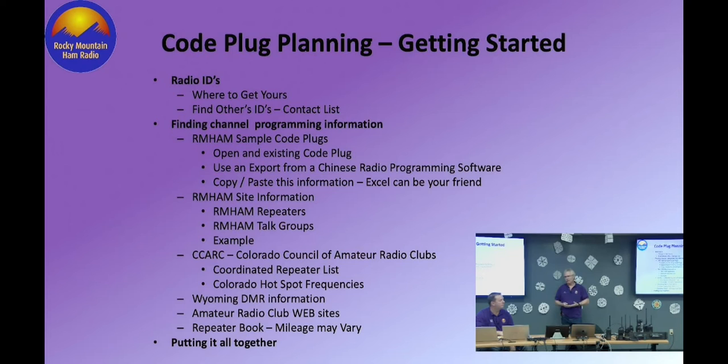I do a lot of copy and paste. I put it in an Excel spreadsheet, so all of my information is together. But this is what I've chosen to do. You'll have to figure out what makes sense to you. Then I'll put it all together, and we'll get into some real-time drive-through with the CPS software.